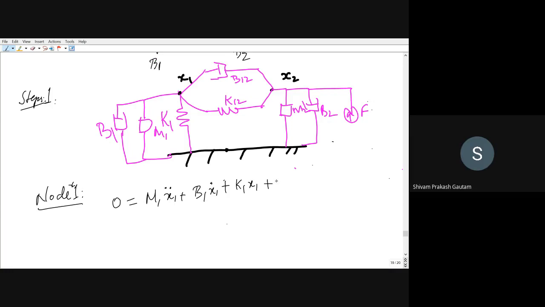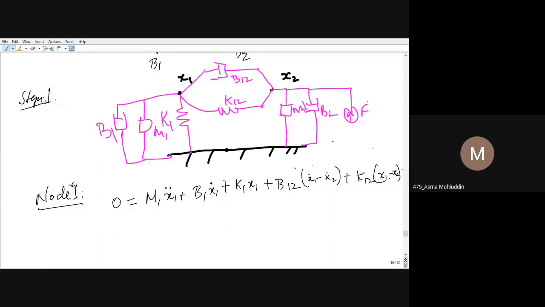So plus B12 times X1 dot minus X2 dot. Why have I written X1 dot minus X2 dot? Because right now node X1 is under consideration. Plus K12 multiplied by X1 minus X2. Why? Because node X1 is under consideration. Is it okay?